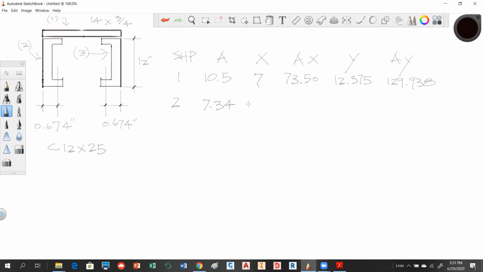So that's a nice, easy lookup. We're going to multiply that by the 7.34. So ultimately that gets us 4.947. The Y value in this guy is just half of the depth, so that's half of 12, so this becomes 6. 6 times the area gets us 44.04.